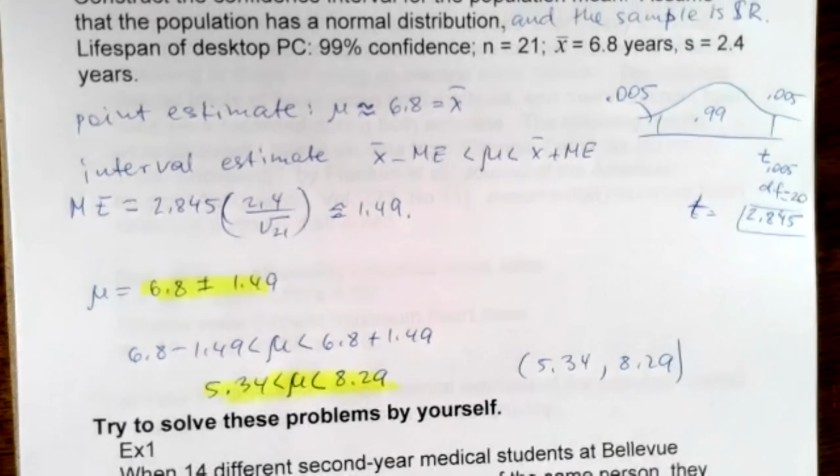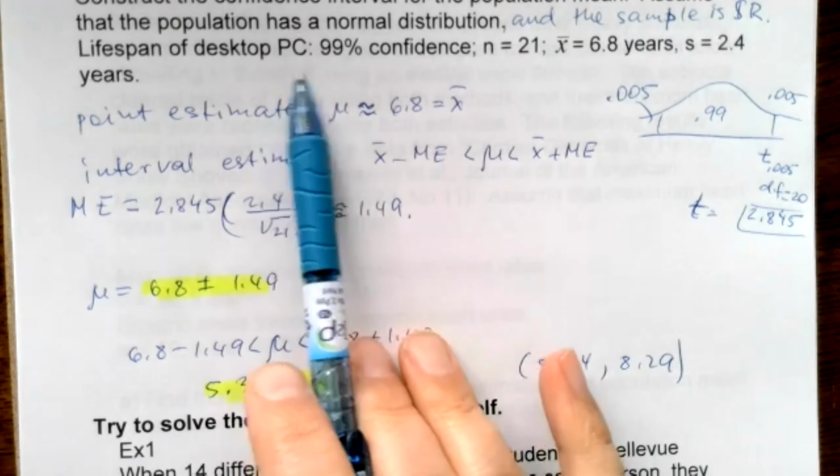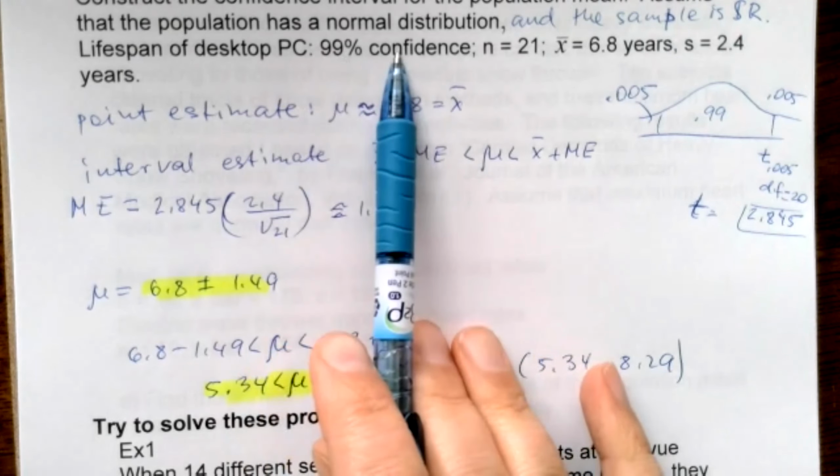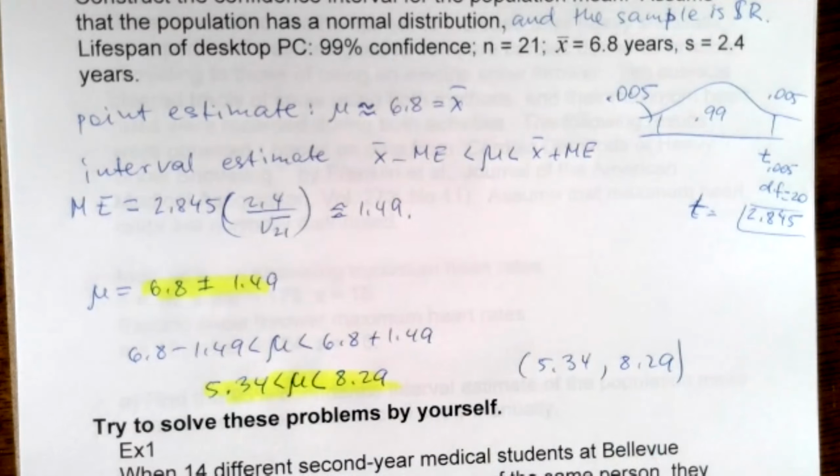How do we interpret this confidence interval? We're going to write that we are 99% confident that our population mean is in the interval between 5.34 and 8.29 years.